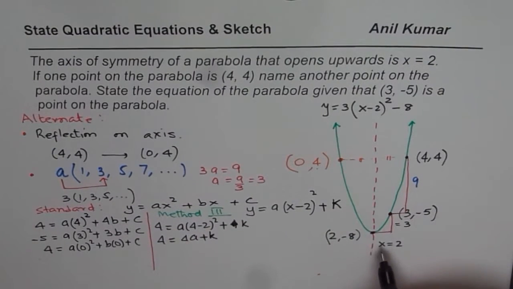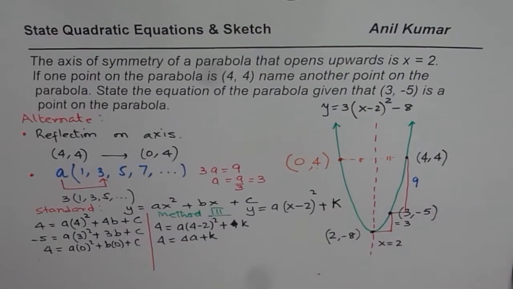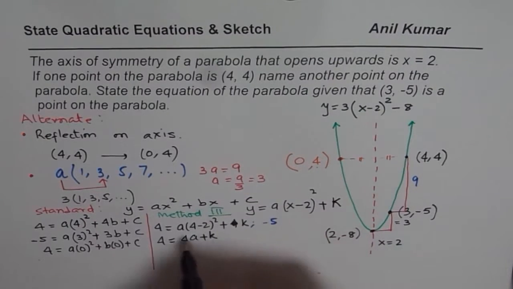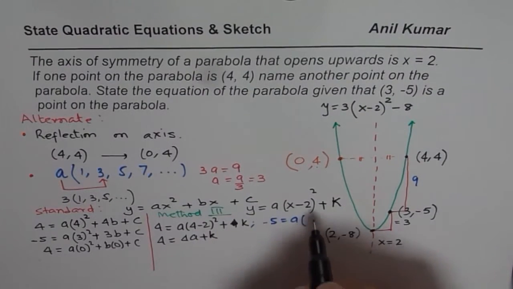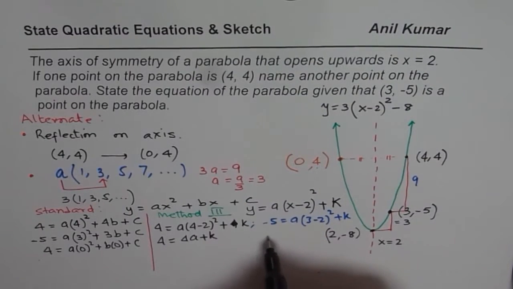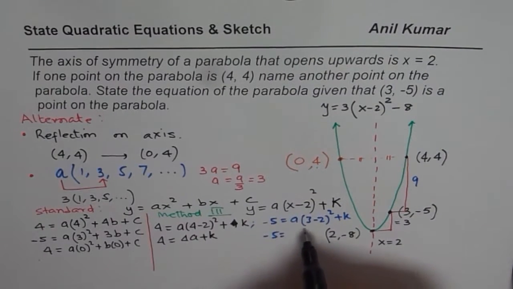The second equation will be using (3, -5). 3 is the x value, minus 5 is my y value. So minus 5 equals a times (3 minus 2) squared plus k, correct? So we have minus 5 equals a plus k.